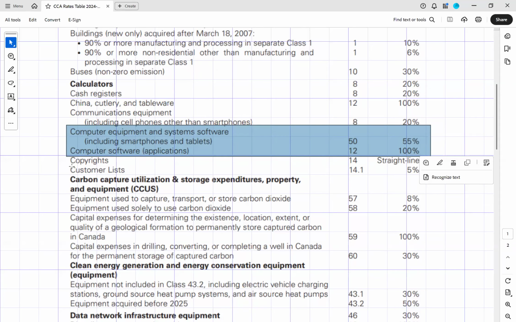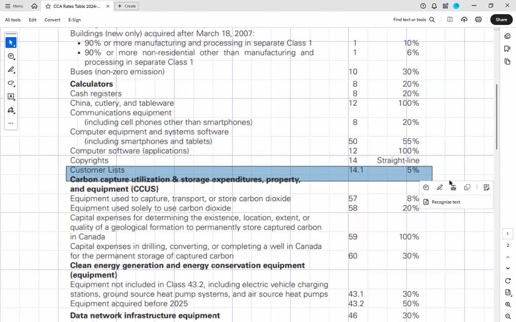Client list, also see right down here, class 14.1 is 5%. Now, we did this 2 weeks ago. We said that any limited life intangibles go into class 14.1, and there's a 5% CCA rate. So the hardware, the computer, will go into class 50. The application software will go into class 12, and the customer list will go into class 14.1.